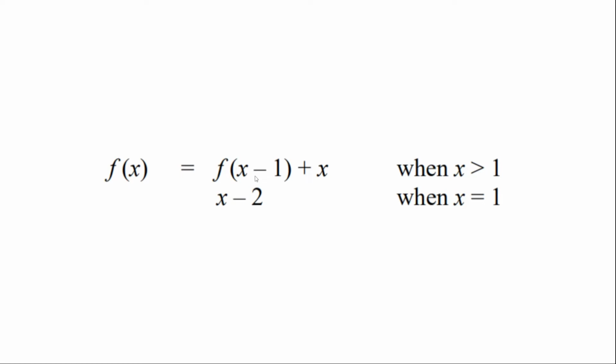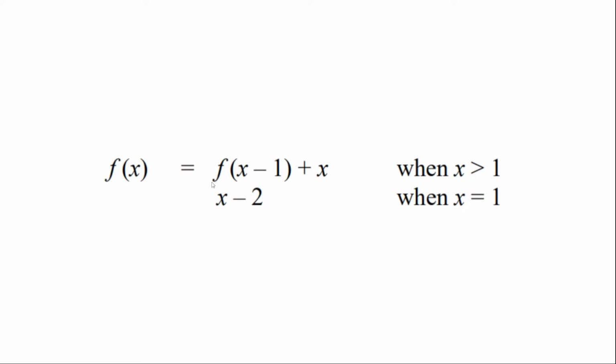And it's very important to note here that this is a piecewise function. That is, it has two cases. So when x is equal to 1, this will evaluate and you will get a number. And when x is greater than 1, it will call itself again, and there's a little extra bit there, plus x.